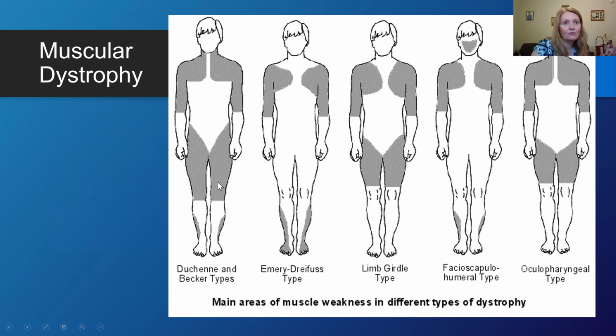The severity of this disease is that your diaphragm is affected, because your diaphragm is a skeletal muscle. And if the diaphragm cannot function, that can cause respiratory distress and respiratory failure and death, right?